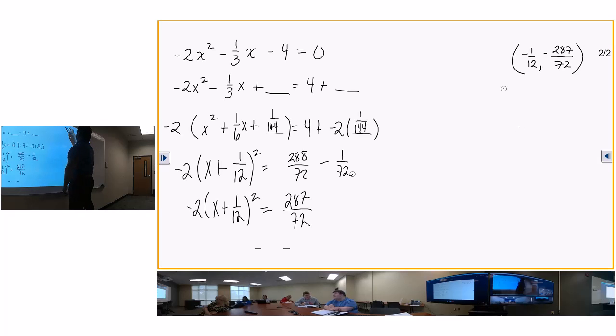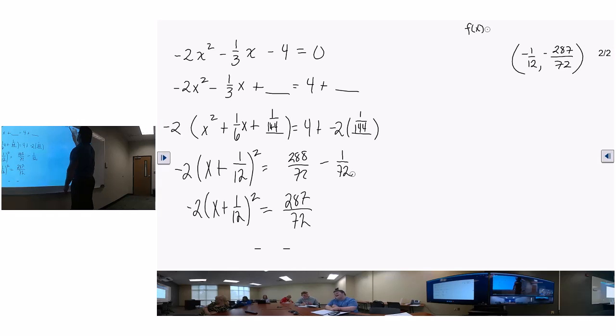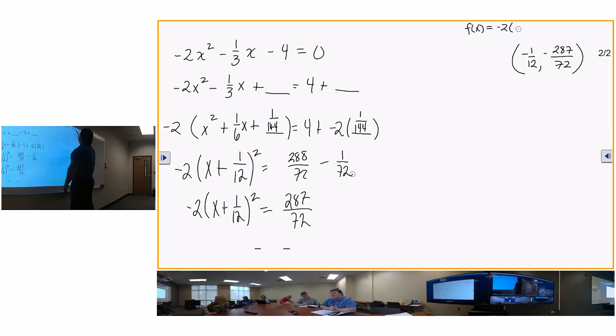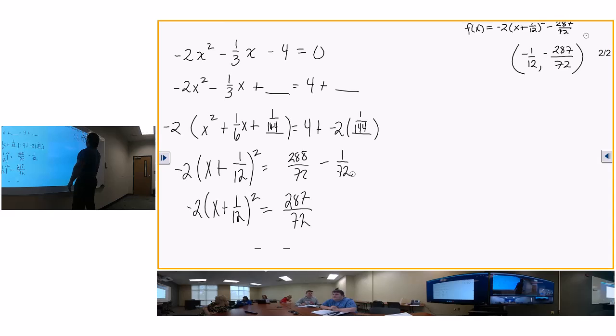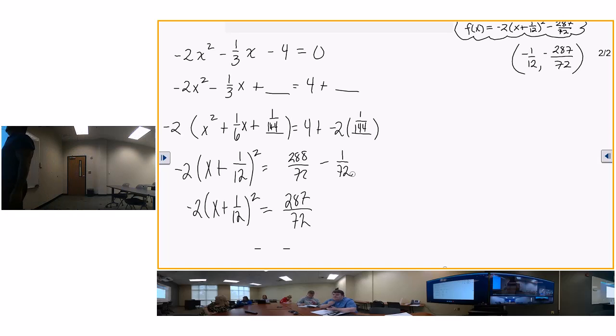And f of x or y, whatever you want to write it, is going to be negative 2 times the quantity x plus 1/12 squared minus 287 over 72. Okay, and that's for your information. Our y-intercept is negative 4. And we have no x-intercepts.